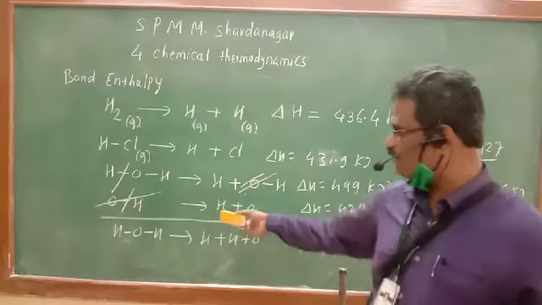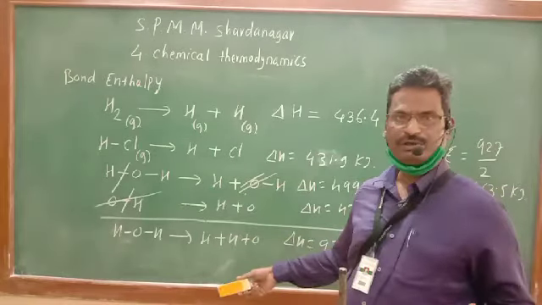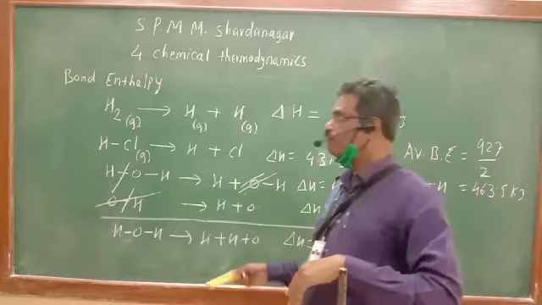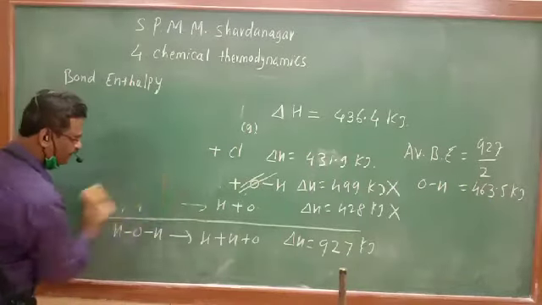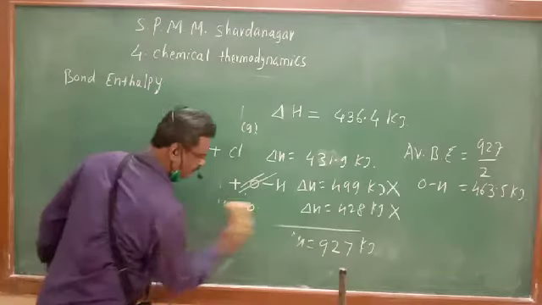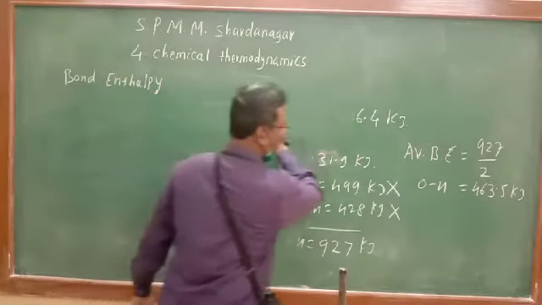This is the case of water, which is a polyatomic molecule. Let us consider one more molecule, the methane molecule. See in methane how the bond enthalpy and average bond enthalpy are different.